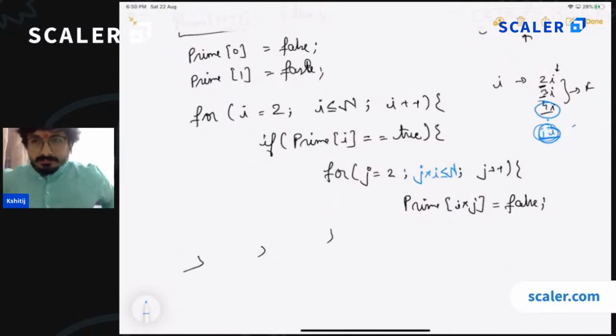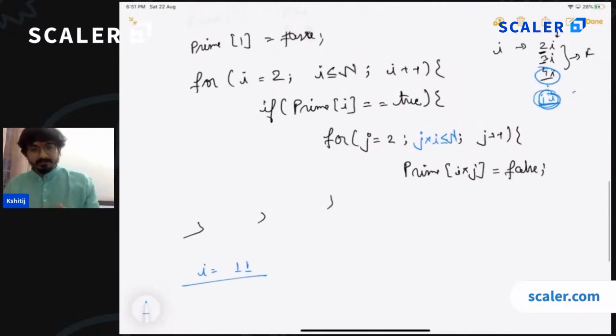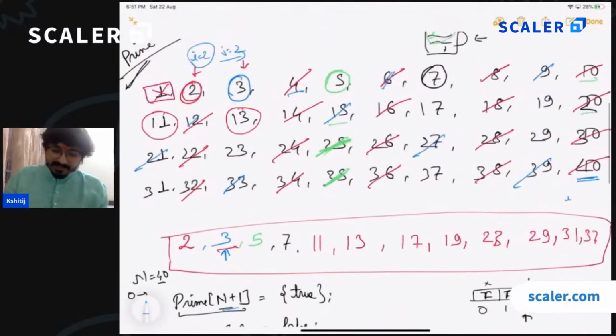Cool. Now let us try to quickly see what happens when we are actually cutting the numbers, right? So when my i takes a value 11, in this case, what was the first number that we tried to cut?